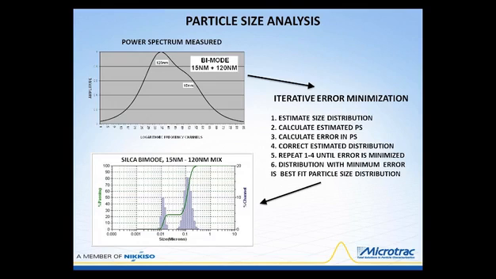And because we have been looking at it in this logarithmic space, the calculation of the combined power spectrum is simply a linear combination of the individual particle power spectrums weighted by their signal intensity, which is concentration and scattering efficiency.